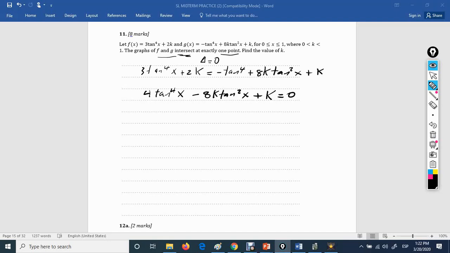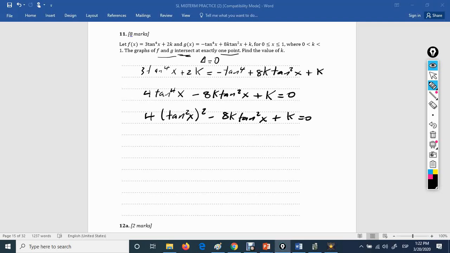So why do I say that this is a quadratic problem? Because we can rewrite this. Notice that we can rewrite this as 4 times tangent squared of x, squared, minus 8k tangent squared of x plus k equals 0.